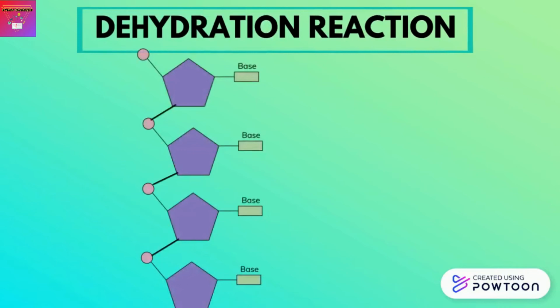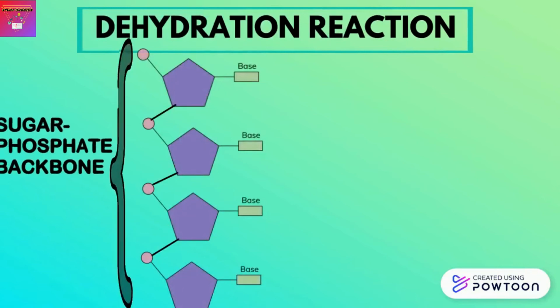If you notice, the phosphate group and pentose sugar are exactly the same in all nucleotides, but the nitrogenous bases vary between the 4 bases mentioned earlier. Therefore, the phosphate group and sugar make up what we call a sugar-phosphate backbone for the polymer.